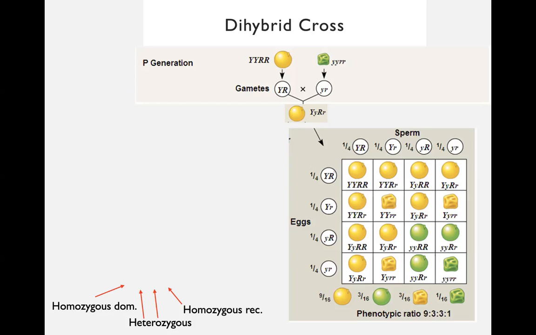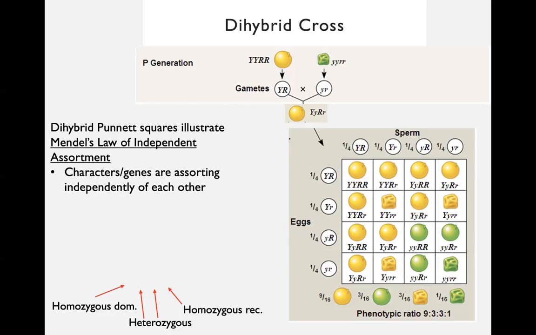So you have yellow and smooth, you have yellow and wrinkled, you have green and smooth, green and wrinkled. So the green wrinkled is like the super duper recessive, all little alleles, Ys and Rs. And this is showing the other law of Mendel's.